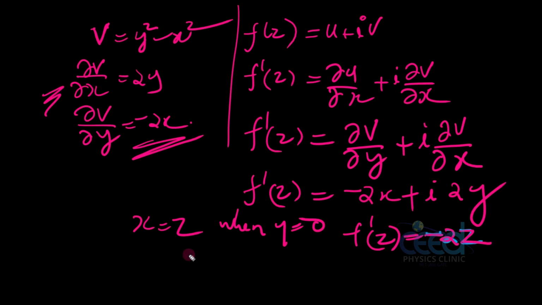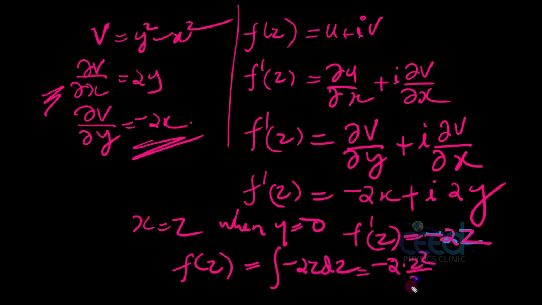Now what is f(z)? f(z) is equal to the integral of minus 2z dz, that is minus 2 you can take out, minus 2 into z square by 2, that is minus z square plus c. Okay, so this will be the answer.